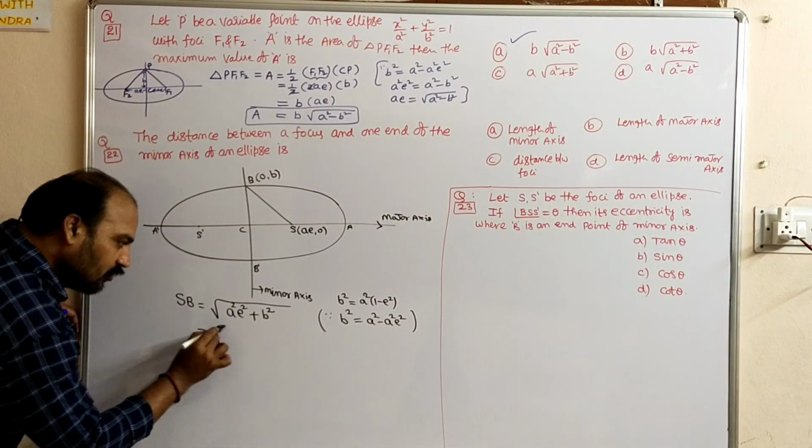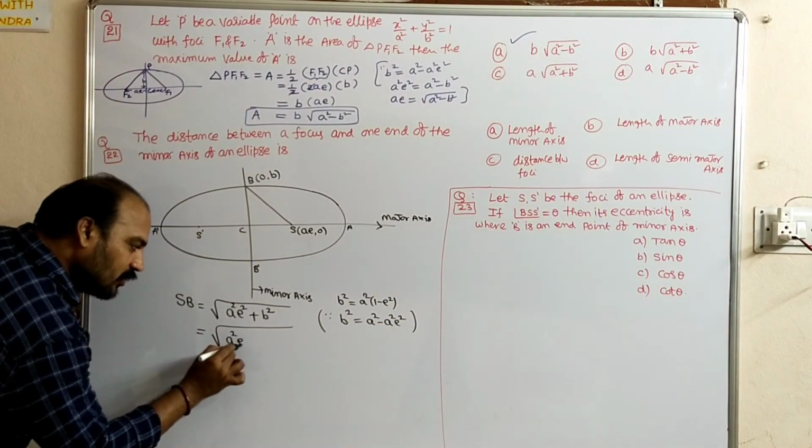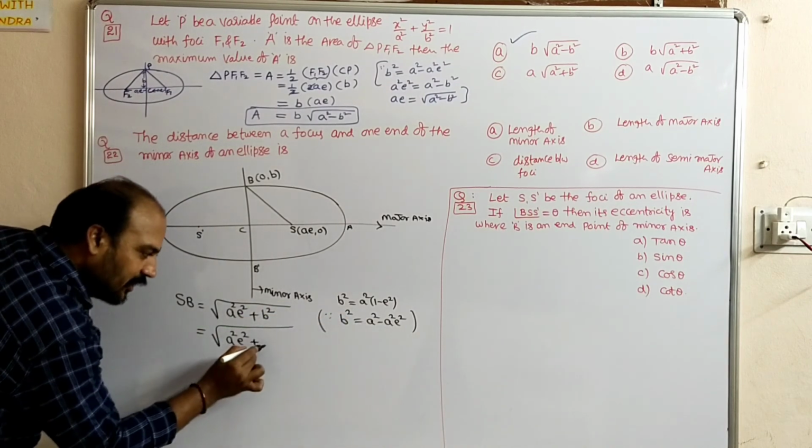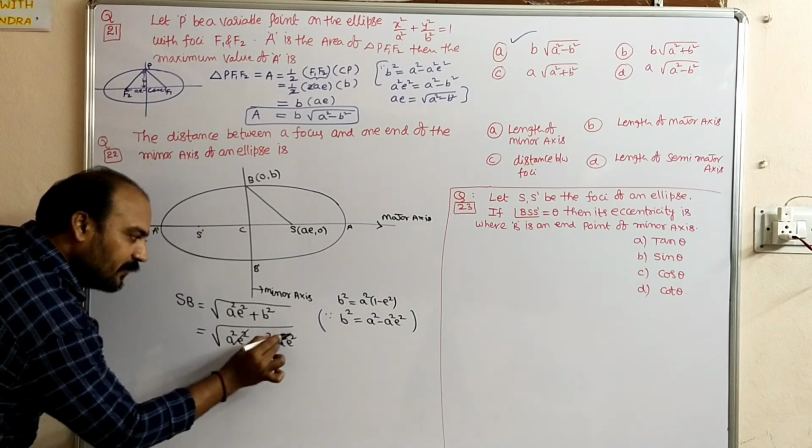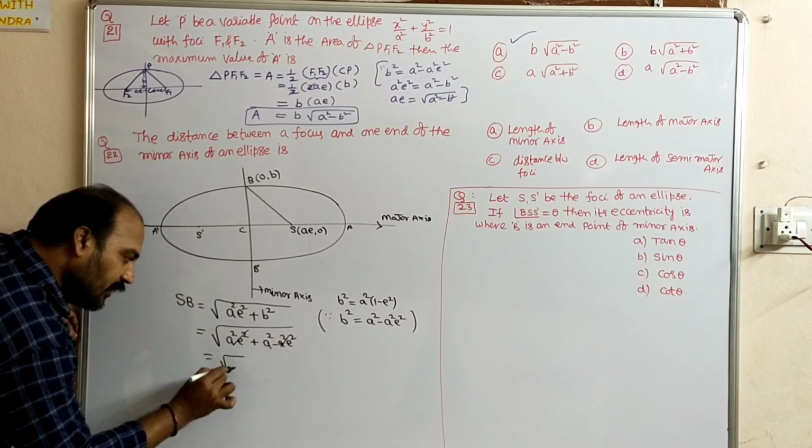So square root of A square E square plus, in place of B square I am writing A square minus A square E square. So these two will be cancelled, which is equal to root A square.